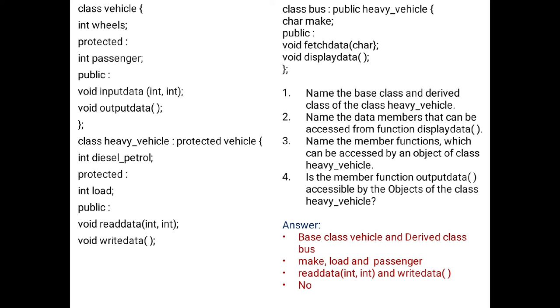Next is: in the member function output data, is the member function output data accessible by the objects of the class heavy vehicle? In that case, output data cannot be accessible by the objects of the class heavy vehicle. So the answer is no.